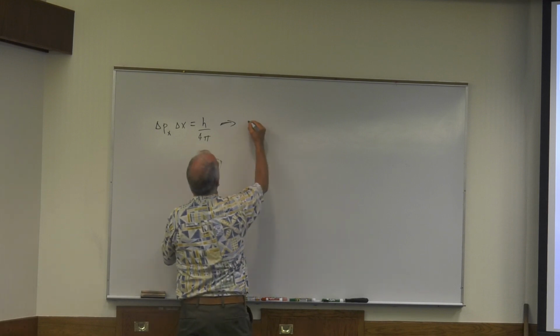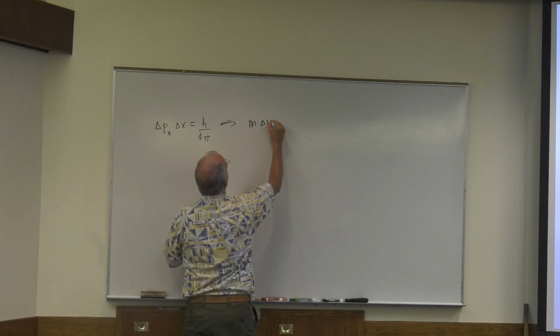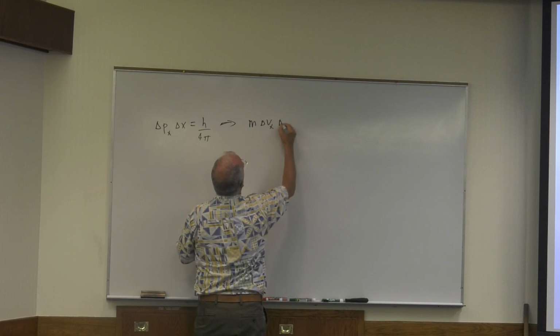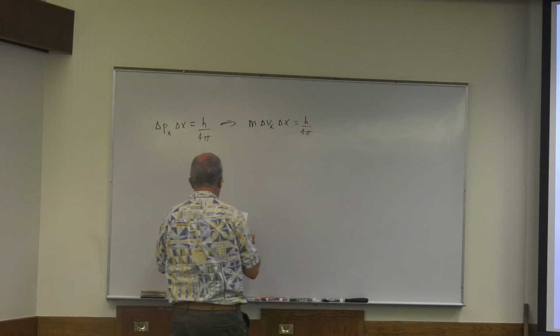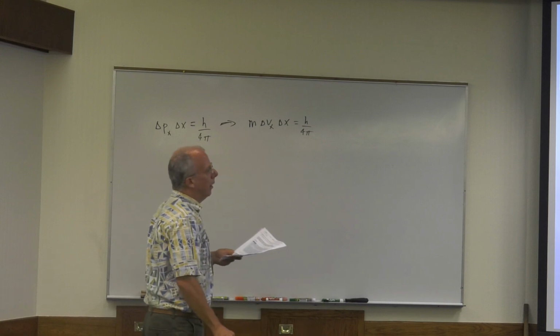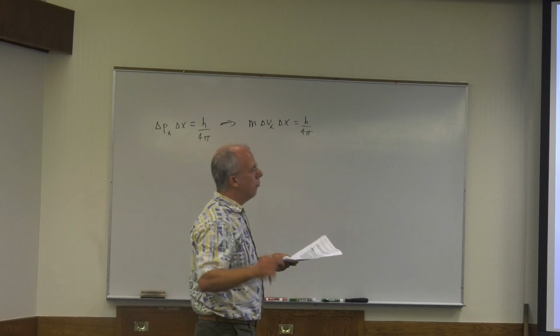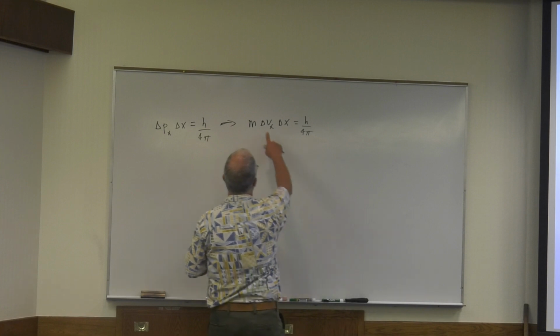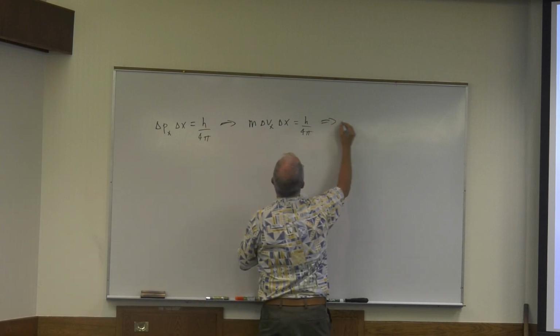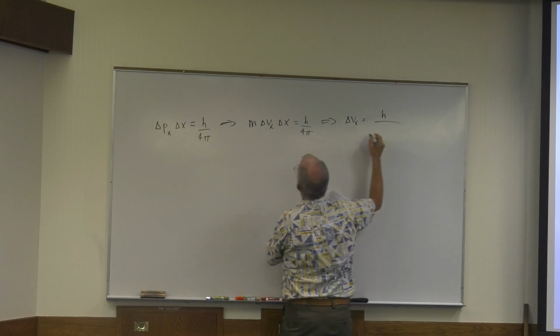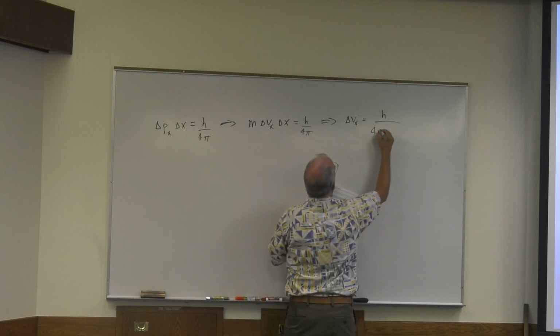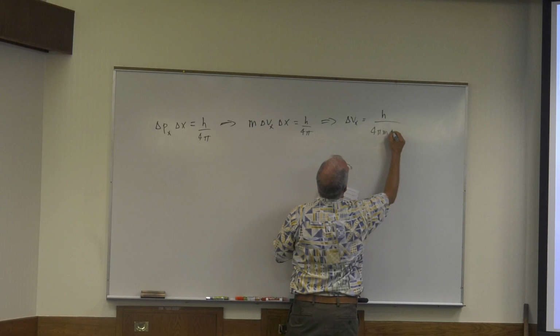So therefore we have m delta vx delta x equals h over 4 pi. Now, what are we trying to solve for? It says, can we know with certainty if the particle is at rest? That's velocity. So we want to solve for delta vx. Therefore, delta vx equals h over 4 pi m delta x.